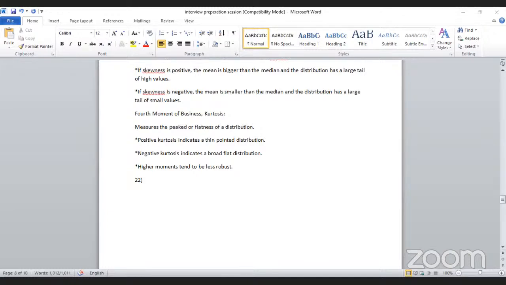So your next question is, name few classification algorithms used in machine learning.